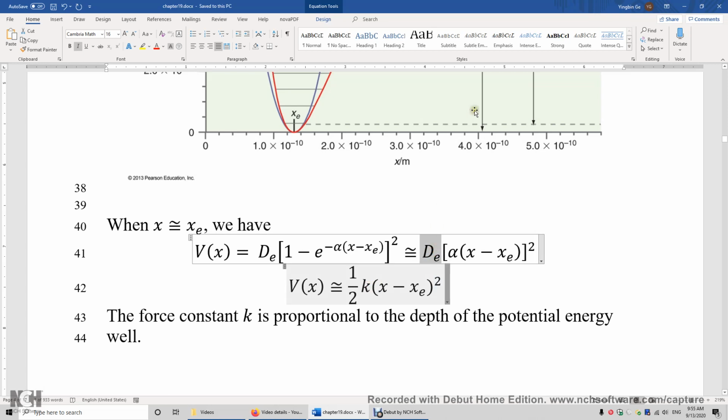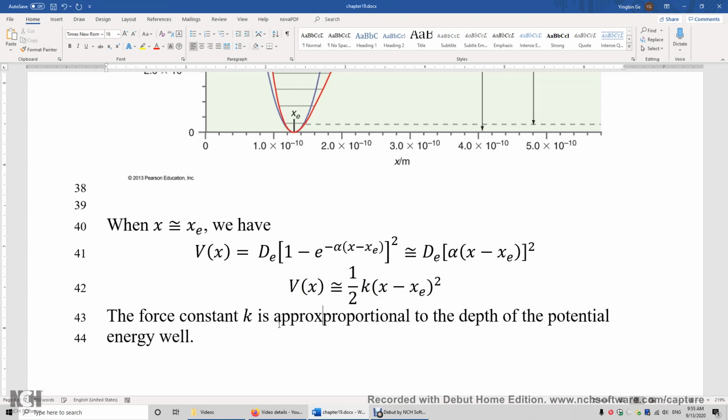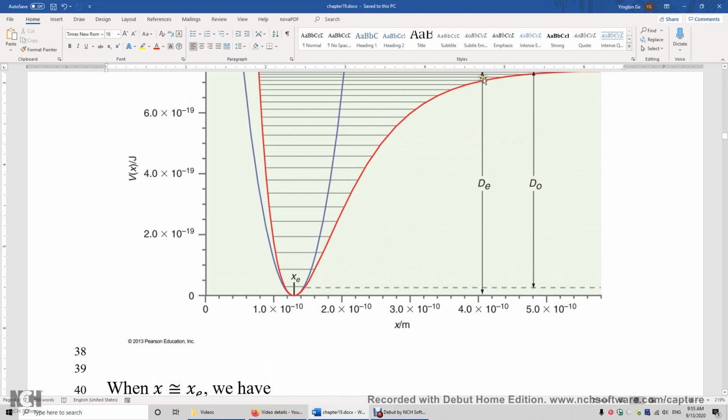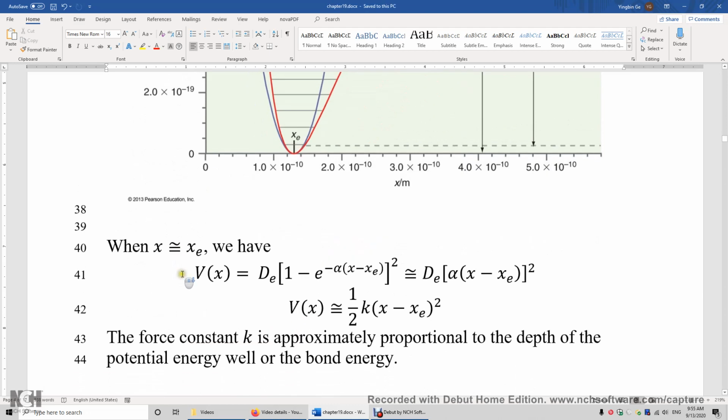Alright, and d sub e is very close to d sub 0, the bond energy, so in general we say k is approximately proportional to the depth of the potential energy well or the bond energy. Again, this is because the bond energy and the depth of the potential energy well are really close to each other. So d sub e and d sub 0 are roughly the same.